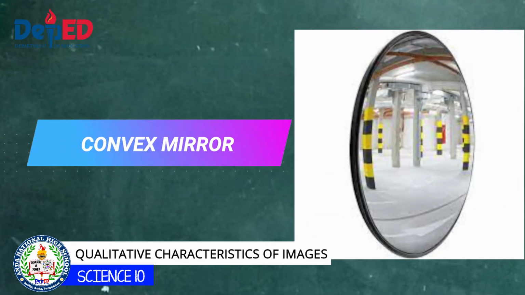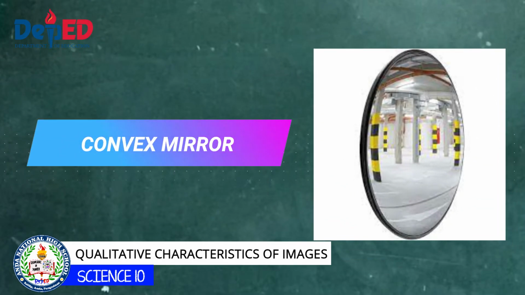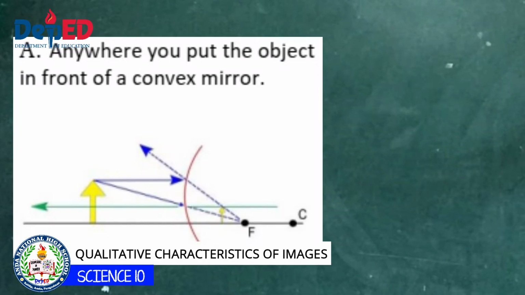On the other hand, how about for convex mirrors? In a convex mirror, anywhere you put the object in front of a convex mirror, what will be the location of the image formed? The location will be anywhere also.